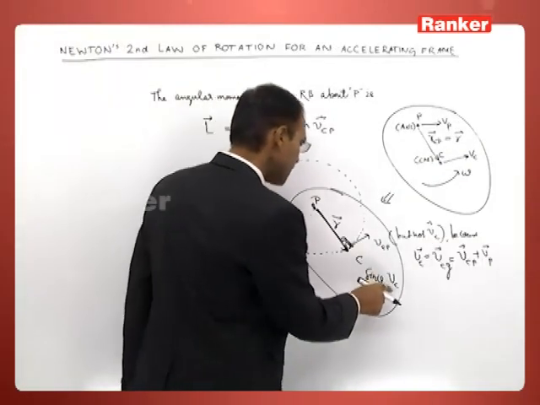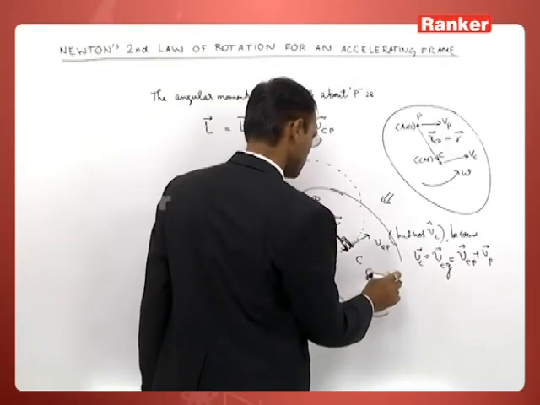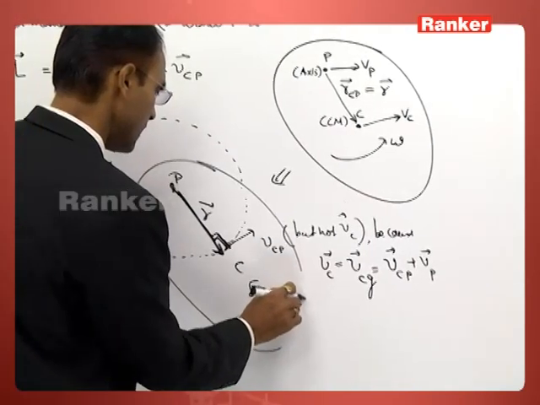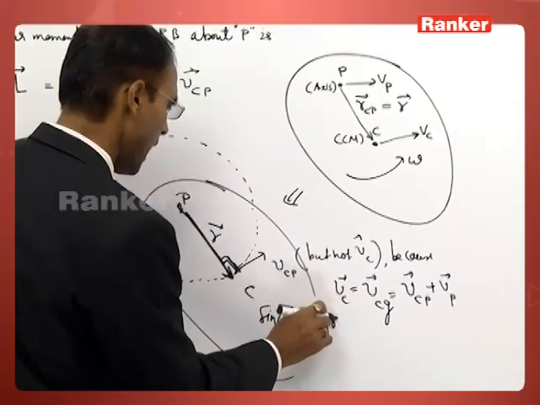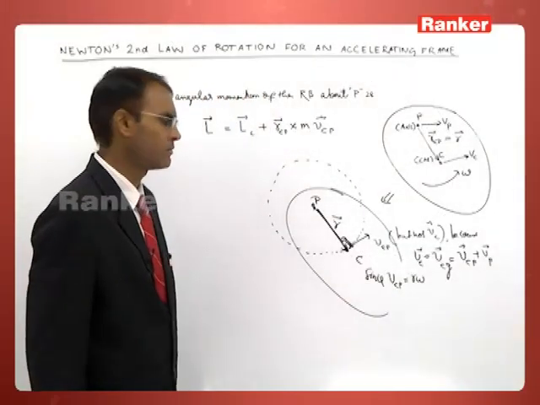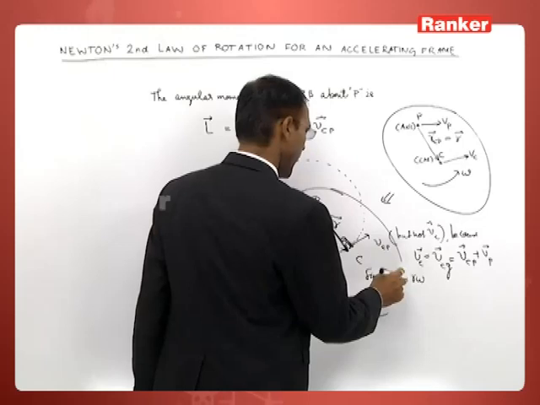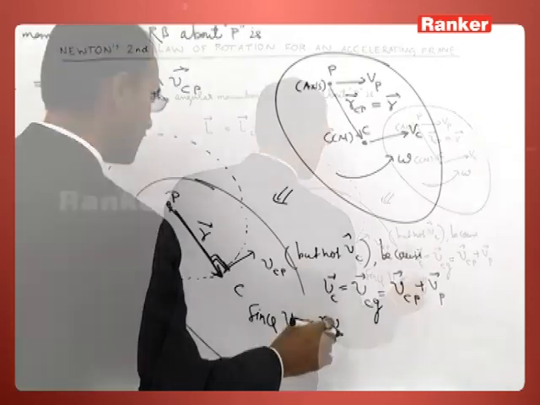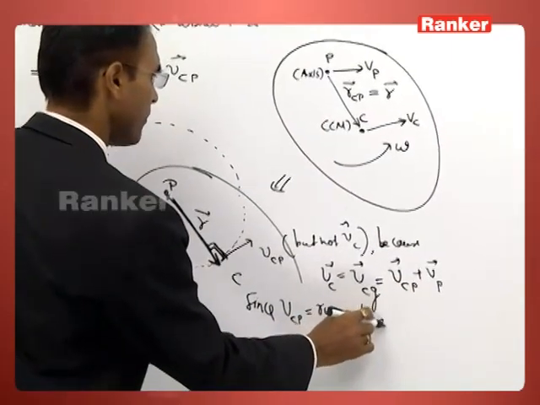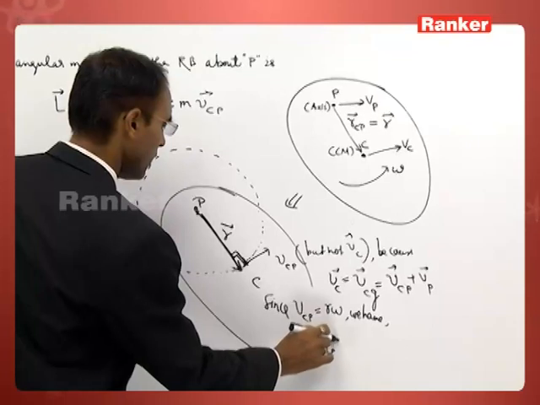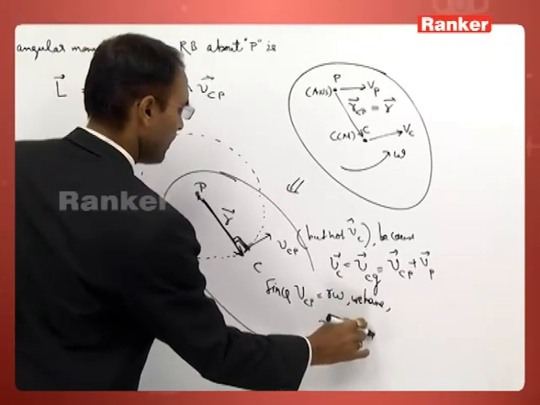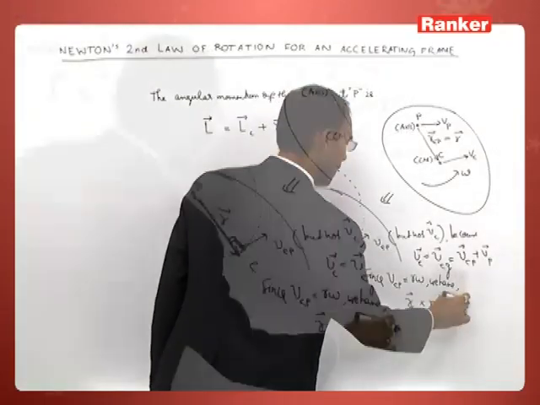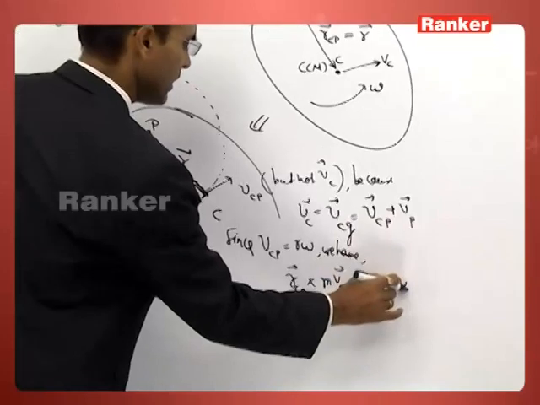Since velocity of the center of mass with respect to the pivot is equal to r into omega, according to the kinematics of rotation, we have RCP cross M VCP is equal to RCP into M VCP.